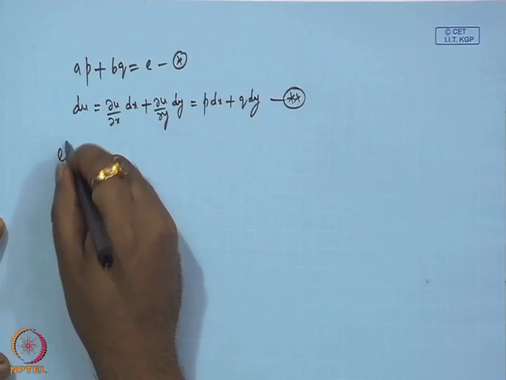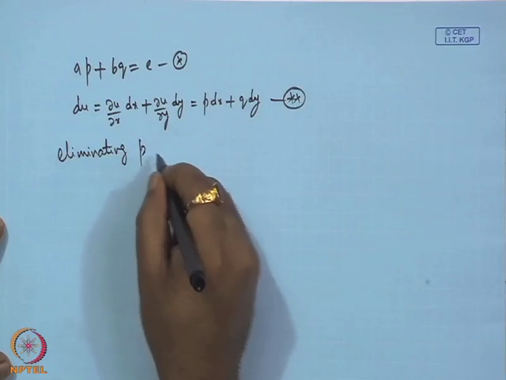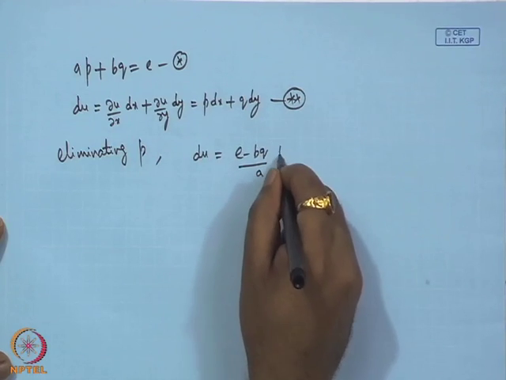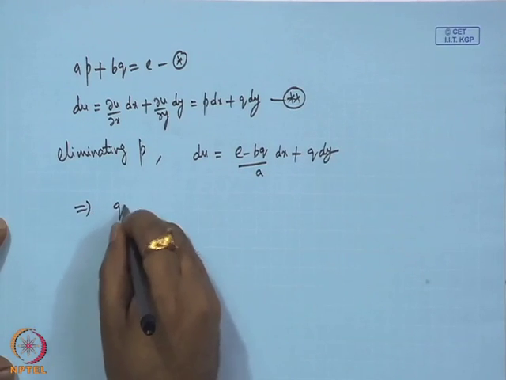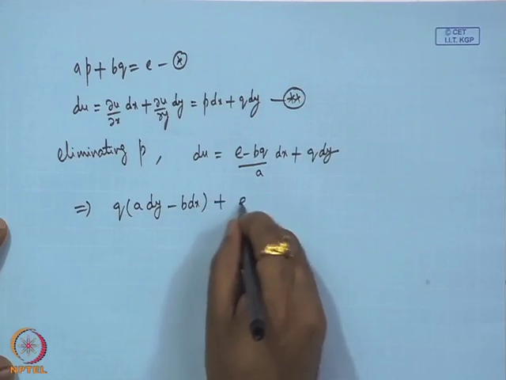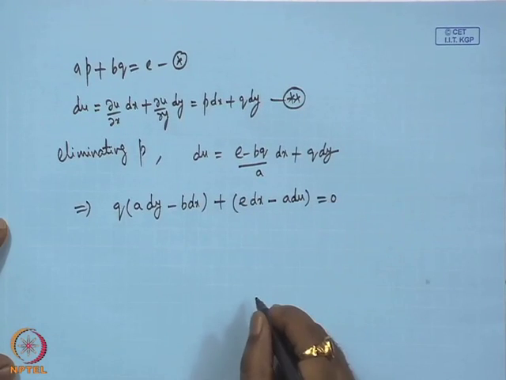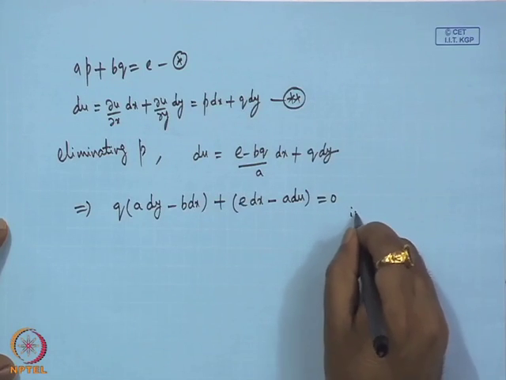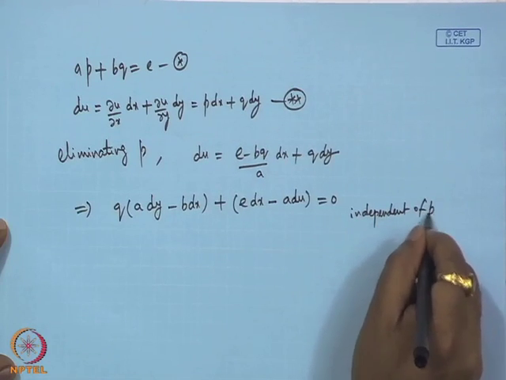Then eliminating p, we have this, which implies this is independent of p.